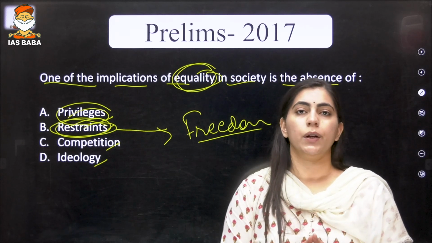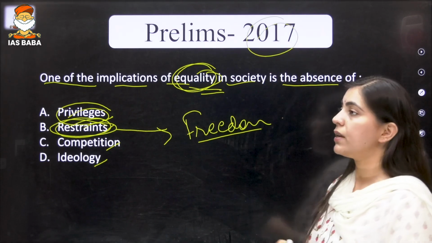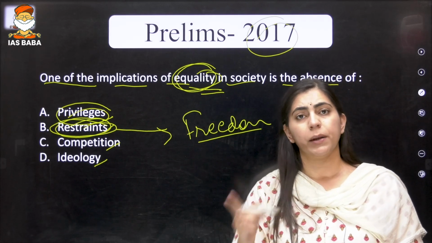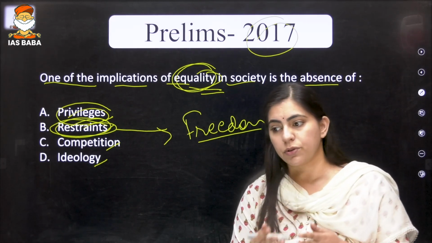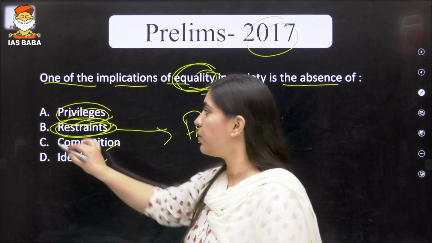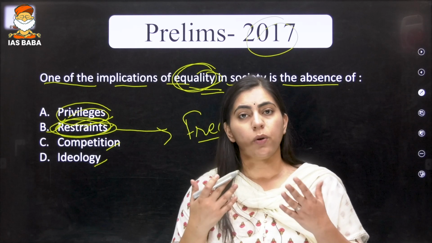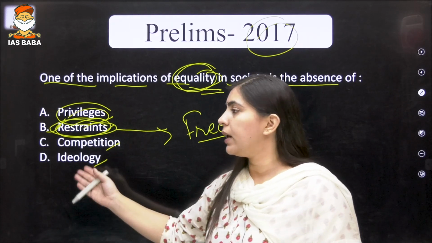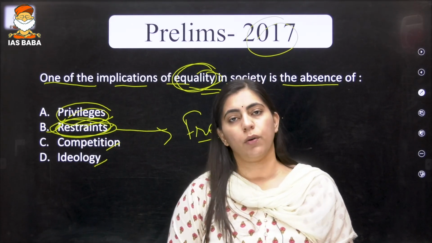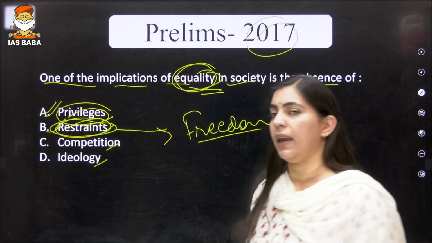Whenever the privileges are not there, it is called as equality. So, this question was asked in 2017, and maybe the similar question can be framed in 2025 prelims examination, that absence of restraint is what? So it's not only that you have to just read the question, but also to understand what could be the other answers for the incorrect option. Is it clear? So our correct option is option number A.